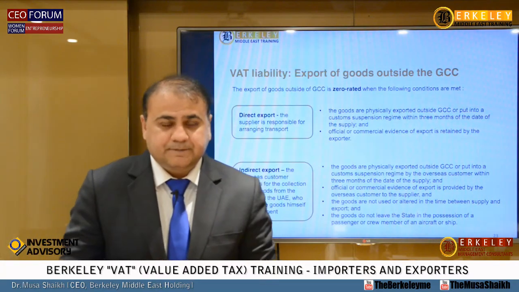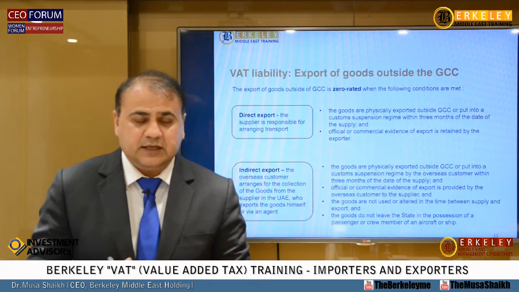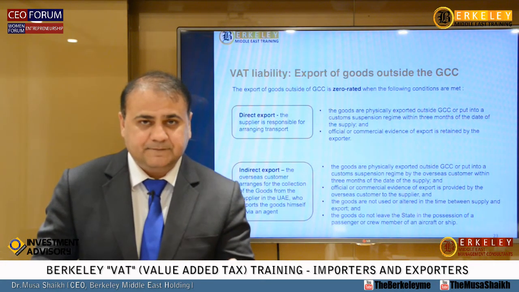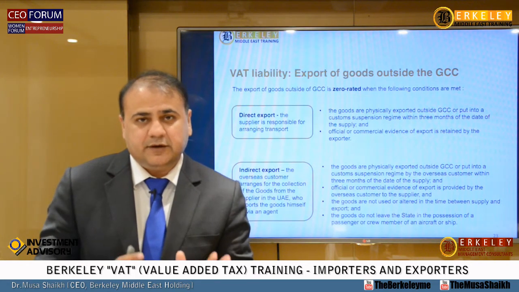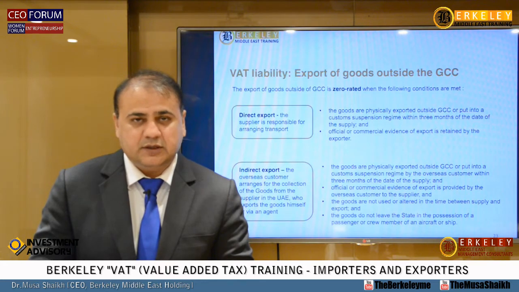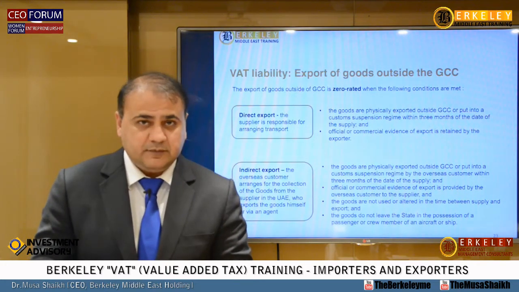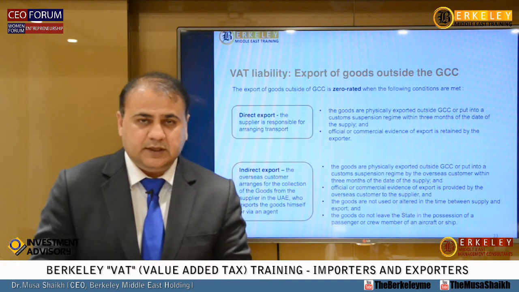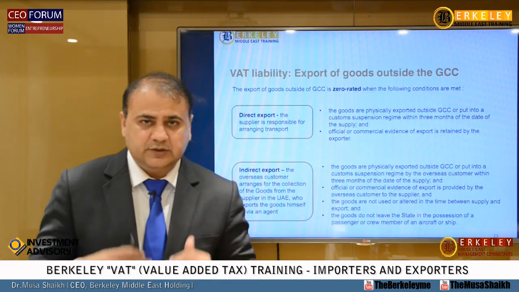You need evidence that you have exported the goods physically, or that they remained in an area held by a customs authority for 3 months from the date of supply. Indirect export will be this way: the goods will arrive in UAE and an agent is going to export them.